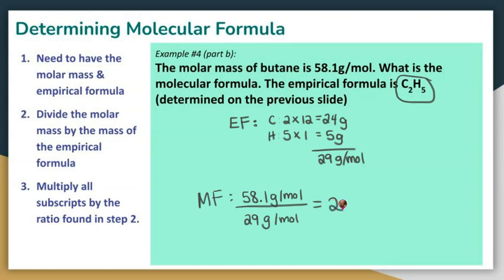So that means that my molecular formula is 2 times my empirical formula. So we'll take that C2H5 and we're going to multiply that by 2 to get our molecular formula. So that means my molecular formula is C4H10. We're just multiplying the subscripts by 2, and that is our molecular formula for butane.